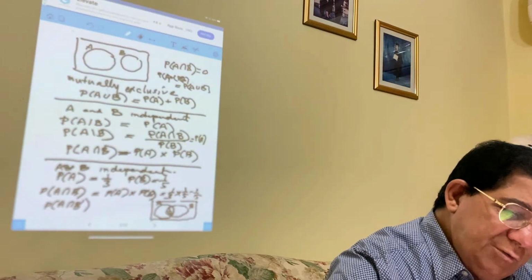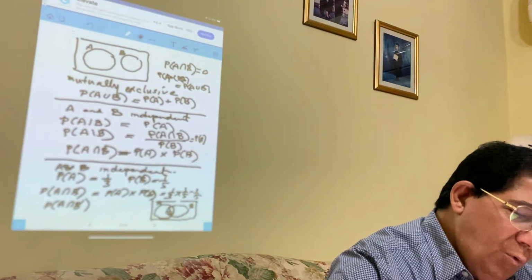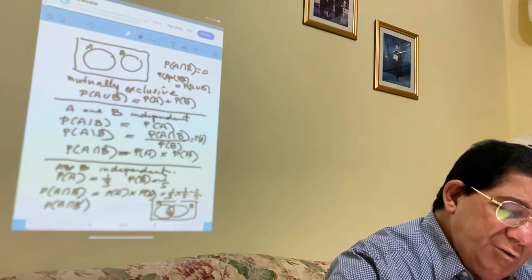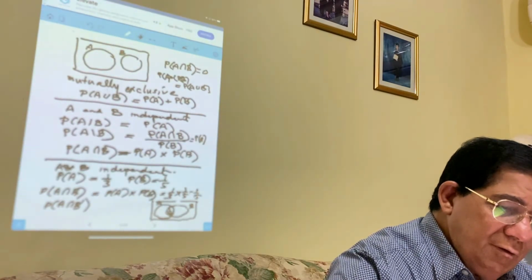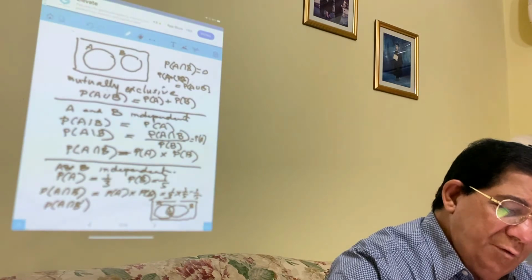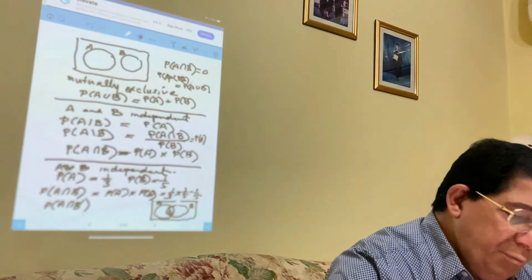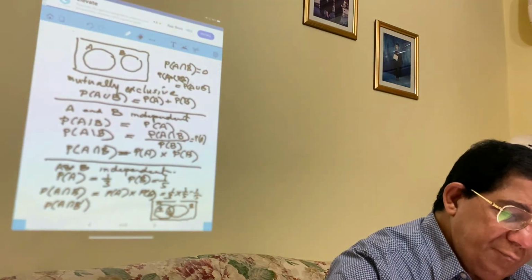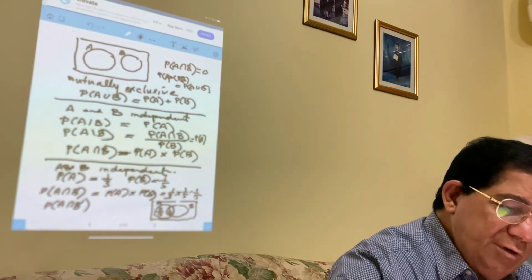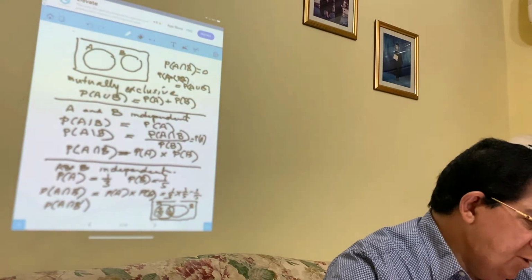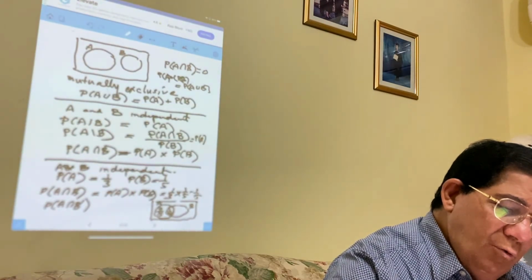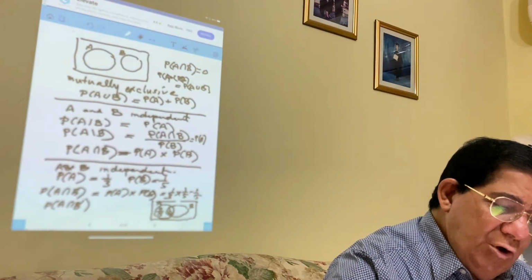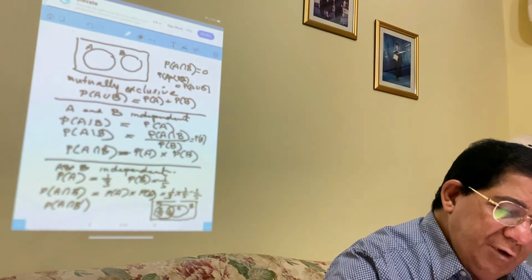Therefore, what is this area? 1/3 minus 1 over 15, that is 5 over 15 minus 1 over 15, which gives us 4 over 15. This area is 1 over 5 minus 1 over 15, that is 3 over 15 minus 1 over 15, which means 2 over 15.